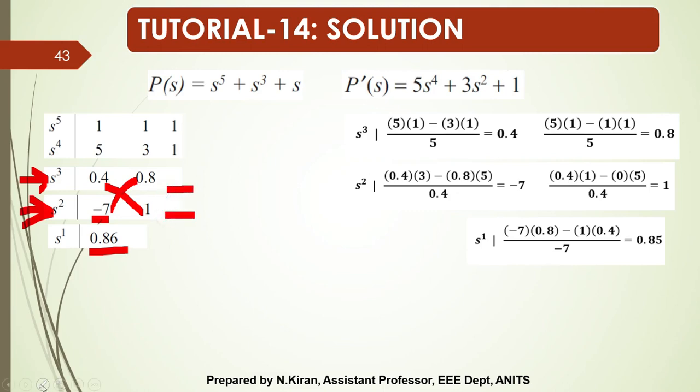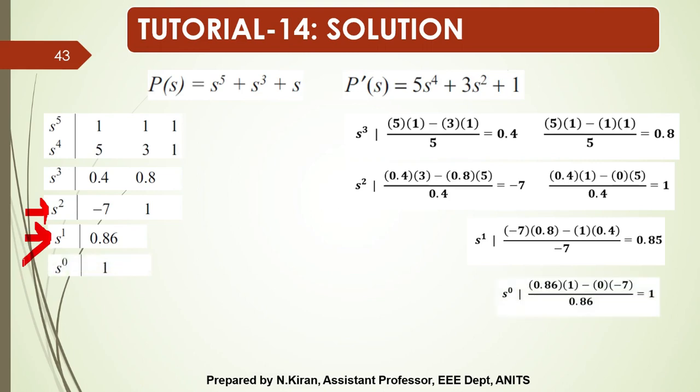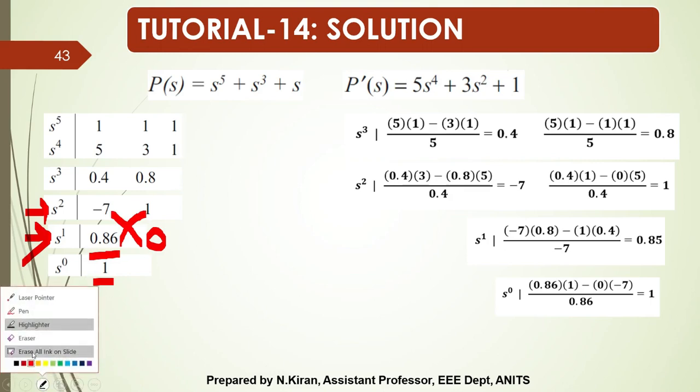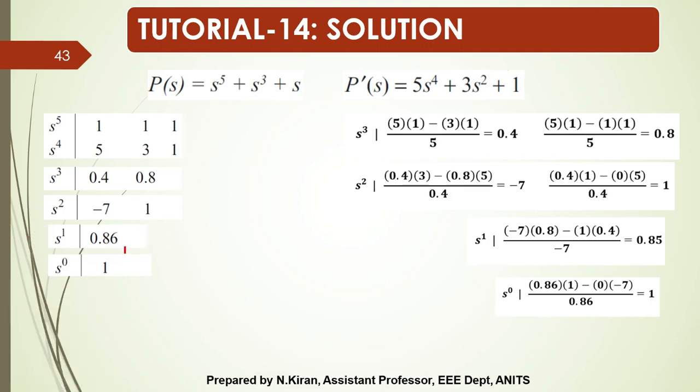And the last row can be obtained by considering S square and S power 1 using the formula. Here it is anyhow 0, so it is 0.86 into 1 minus 0 into minus 7 by 0.86, which is 1. So we have obtained the Routh-Hurwitz table.